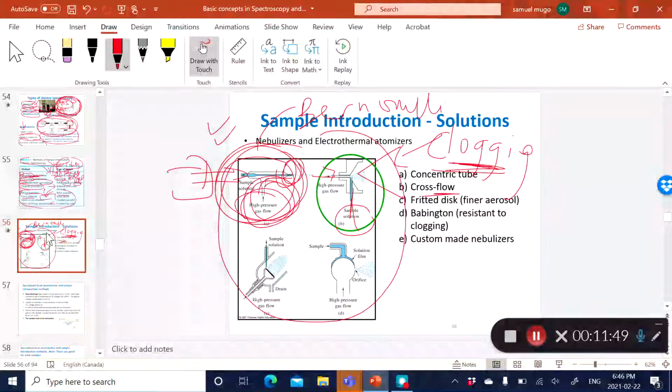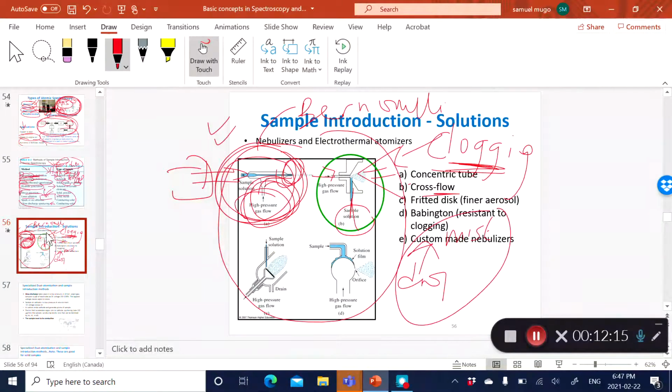And of course, you end up with a plume or a mist that goes to the atomizer. Ideally, the finer the mist, the better the atomization will be. So with nebulization, we are looking to convert the droplets into a mist. That's what we are looking to do with nebulization.